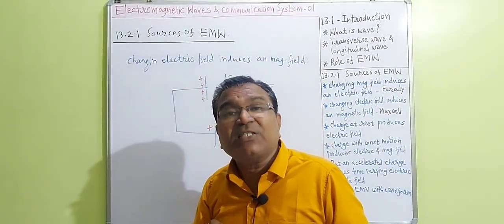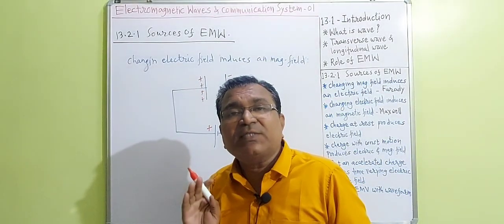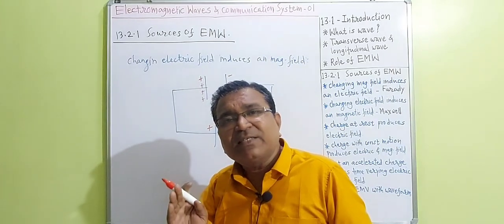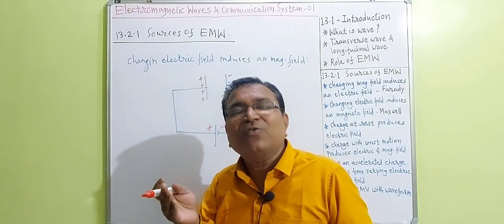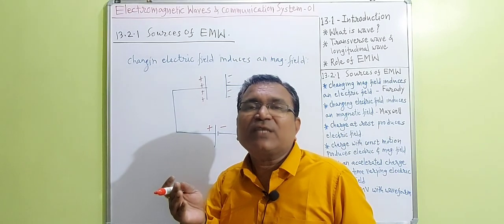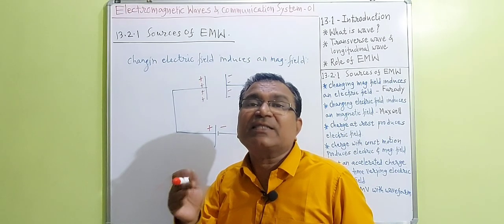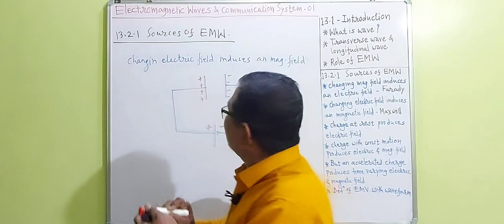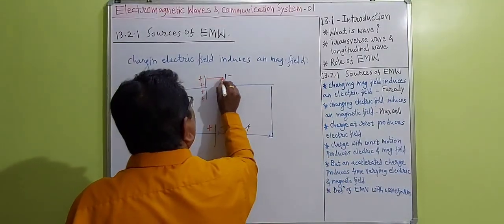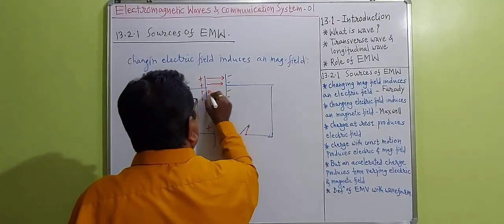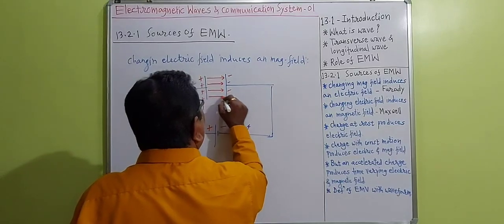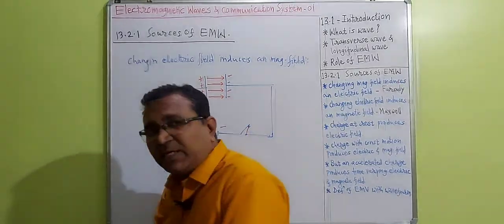That means charges are induced gradually with time along the two plates, and so the electric field starts increasing. The direction of the electric field is like this, from positive to negative. This is the direction of the electric field.